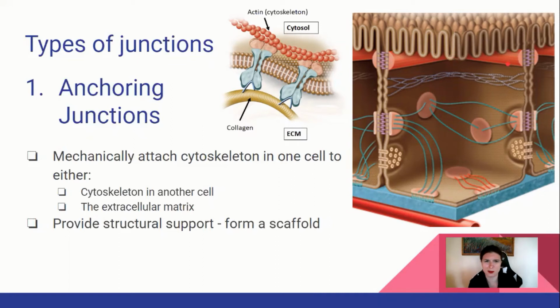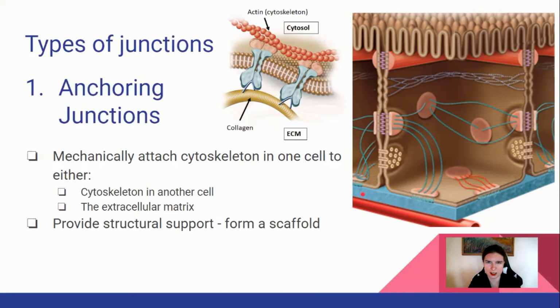And without labels, you wouldn't necessarily be able to tell that, which is why I'm telling you here. So anchoring junctions are linking our cytoskeleton here in one cell to the cytoskeleton in a neighboring cell. So that would be this junction and this one. So we know this is part of our cytoskeleton, as is this. Or anchoring junctions can also link the cytoskeleton to the extracellular matrix here and here.